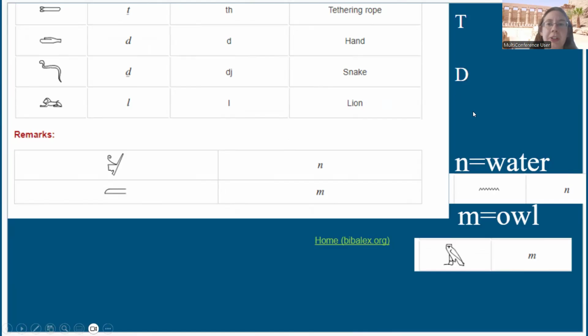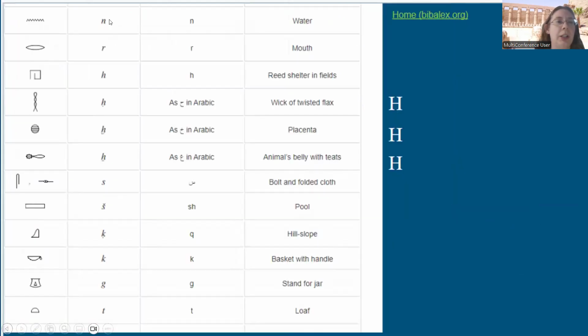So the first one of those is N, which, in terms of the picture or the image that you're looking at, can either be the red crown here, or it can be what Egyptologists think is meant to represent water here.